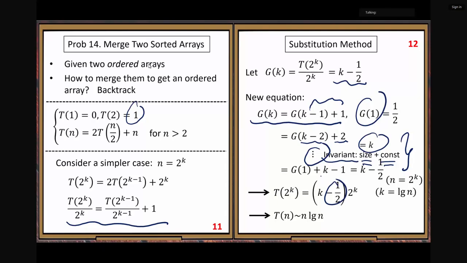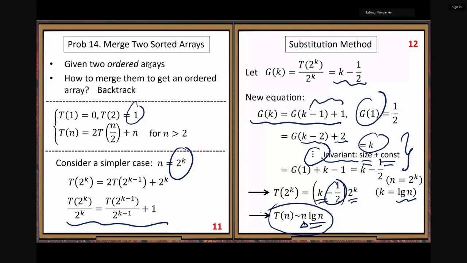Little k, we use not natural log but log base 2. LG in computer science means log base 2. LG of n times 2 to the k, that's n. So with this special type of n, where n equals a power of 2, we can get this approximation: n log n.